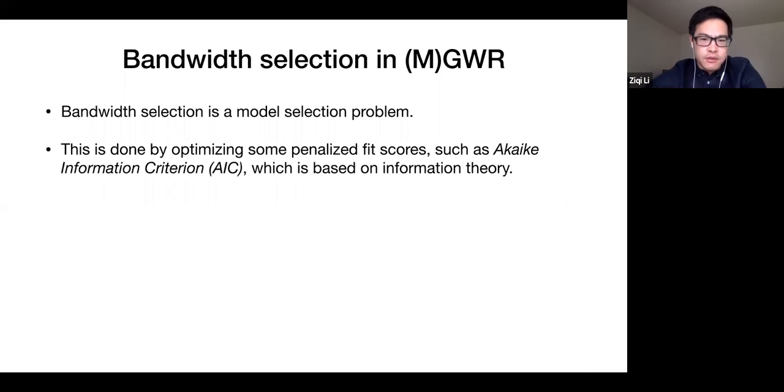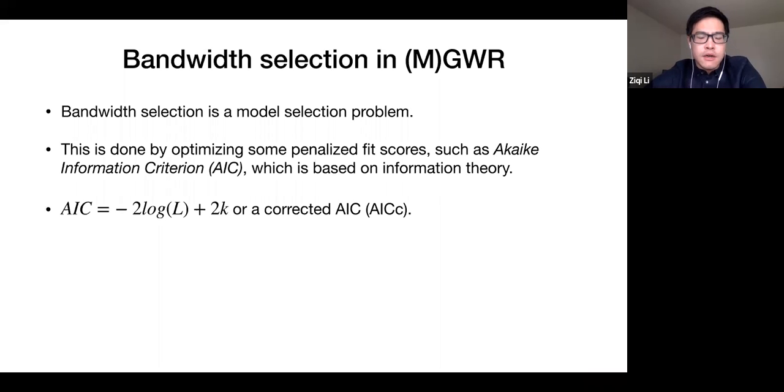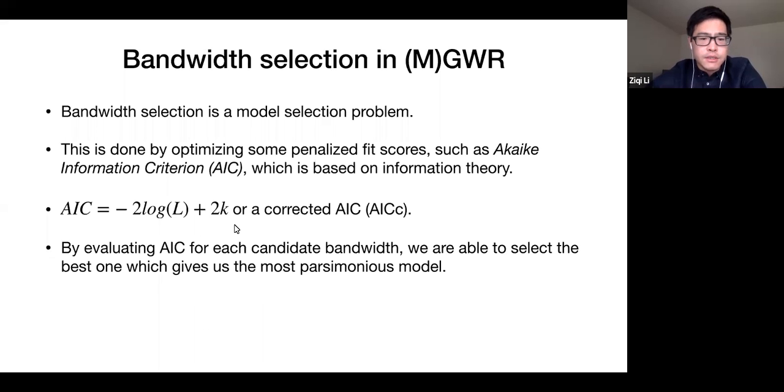And it's a classic model selection problem. The way we do this is by optimizing some penalized fit score, such as the Akaike information criterion, AIC, which is based on information theory. The formulation is here. There are two parts. The first is the negative log likelihood, and the second part, K, is the number of parameters in the model.